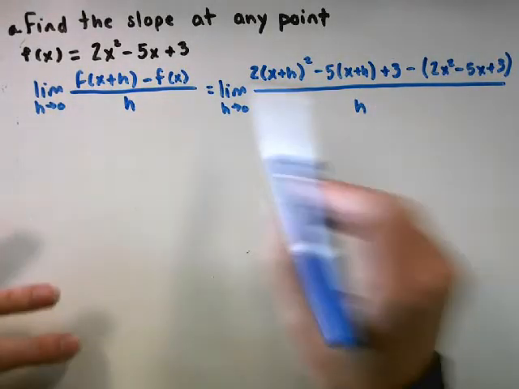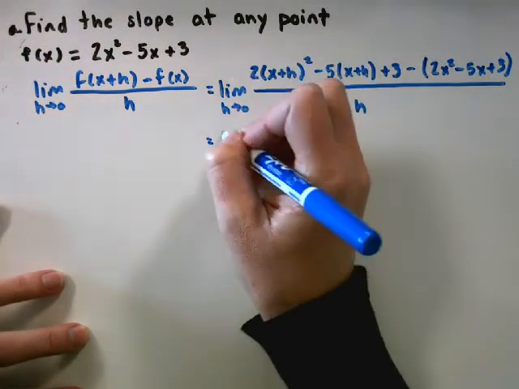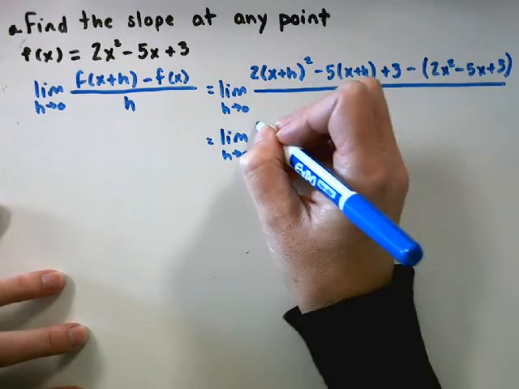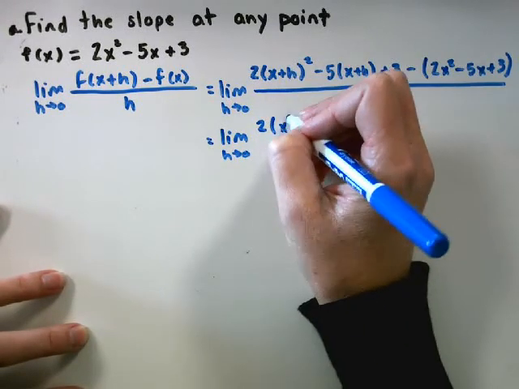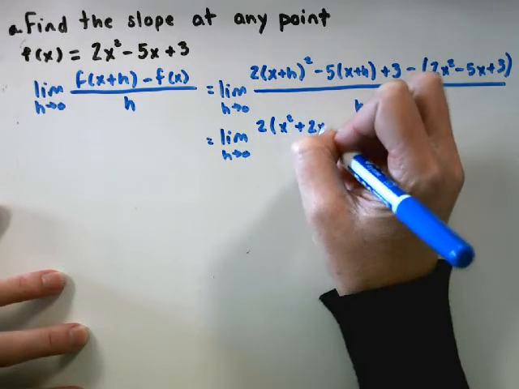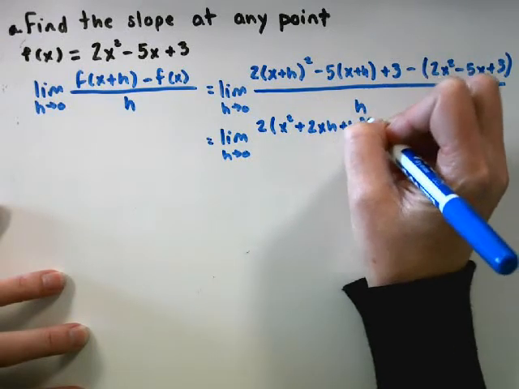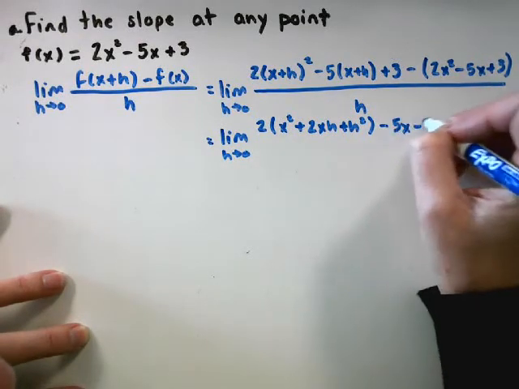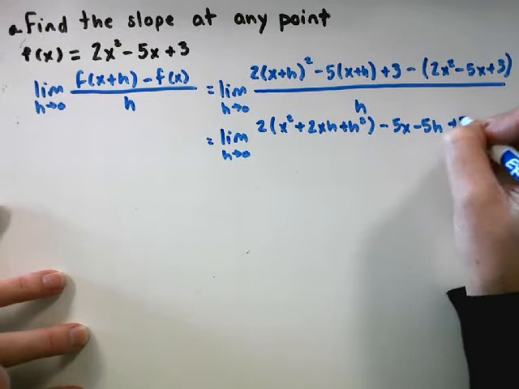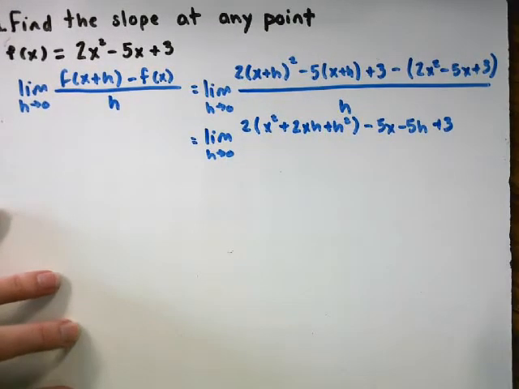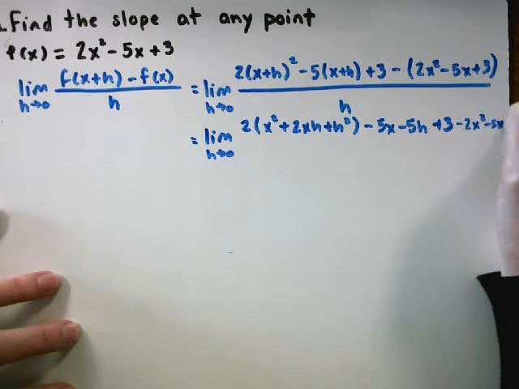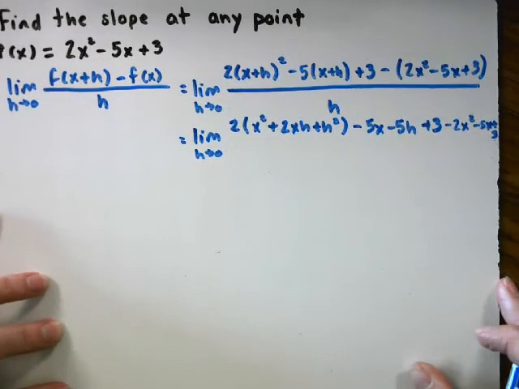Okay, so I'm going to FOIL this. So this is going to be 2 times (x squared plus 2xh plus h squared) minus 5x minus 5h plus 3, minus 2x squared plus 5x minus 3, all over h.